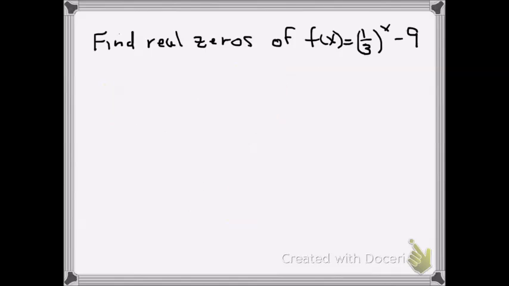Here we're asked to find the real zeros of this function, f of x equal 1/3 to the x power minus 9. Well, real zeros is another term for the x-intercepts. So to find the x-intercept, we set y equal to 0, and we'll solve then for x. We'll add 9 to both sides. And let's try to get the same base on both sides.